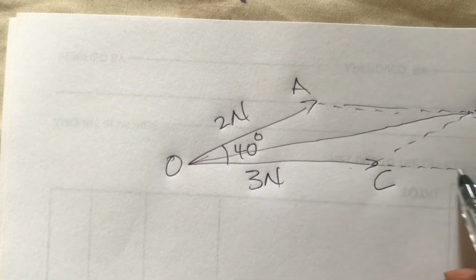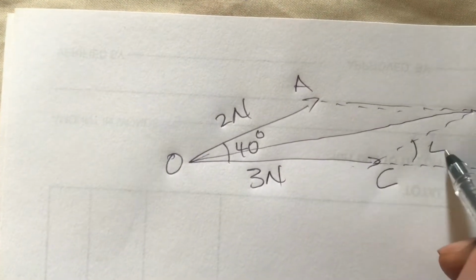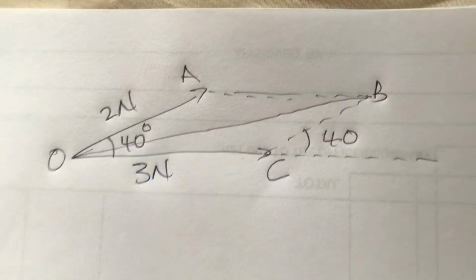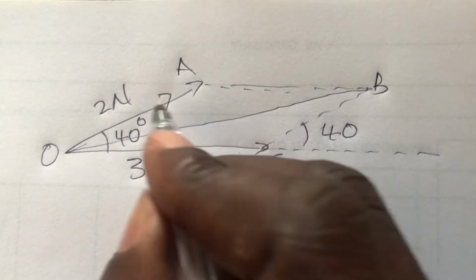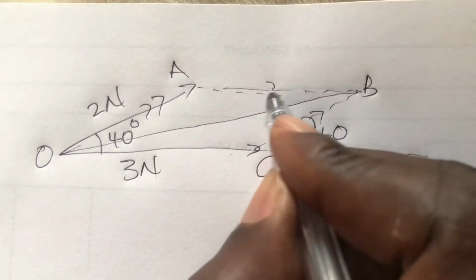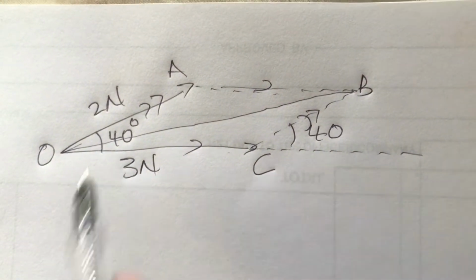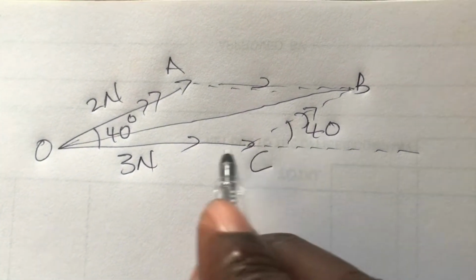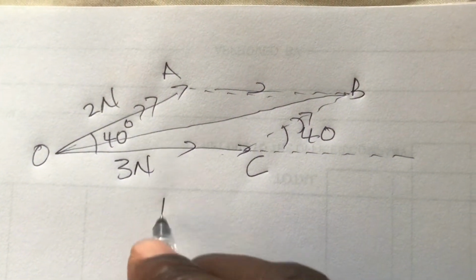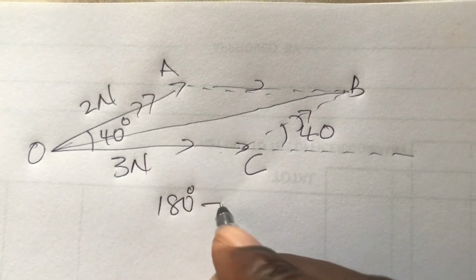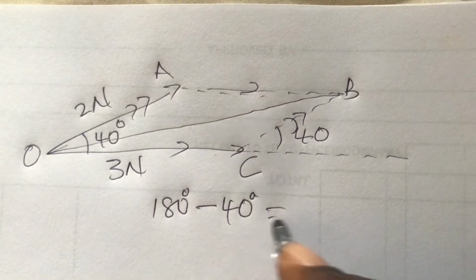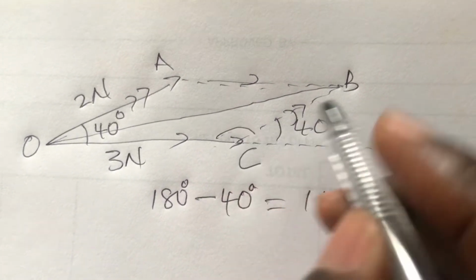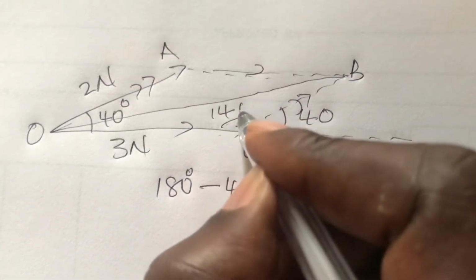Extending this straight line, this angle is 40 degrees, because 40 degrees is a corresponding angle to this angle. The two lines are opposite and equal. Then a straight line has a total angle of 180 degrees. Minus 40 degrees gives us 140 degrees. So this angle C is 140 degrees.